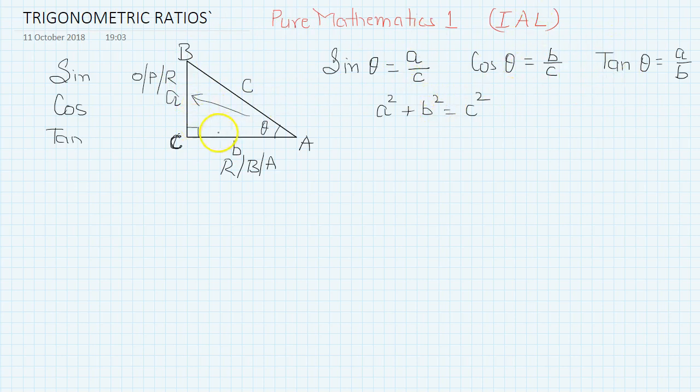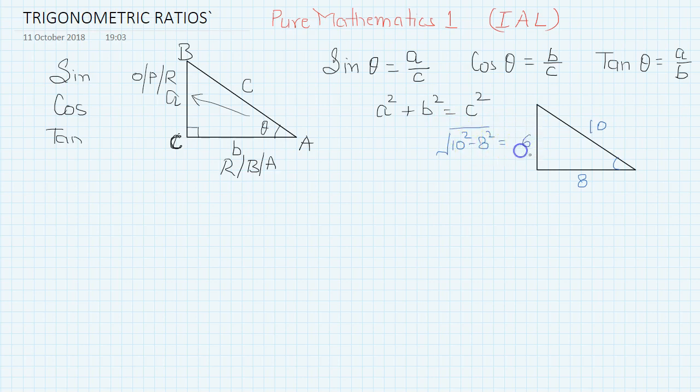Now suppose this is a right angle triangle, this side is 10, this side is 8, and you have to find the angle of this. Easily we know that this side, according to Pythagoras theorem, will be root of 10 square minus 8 square, so that is 36.